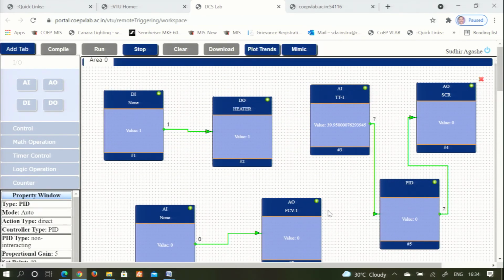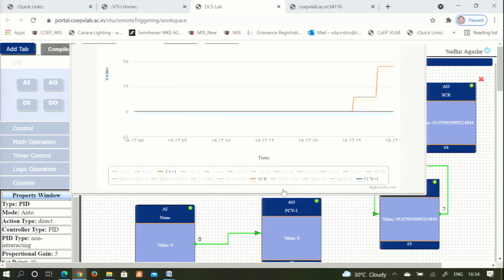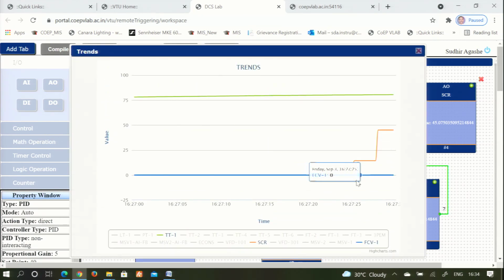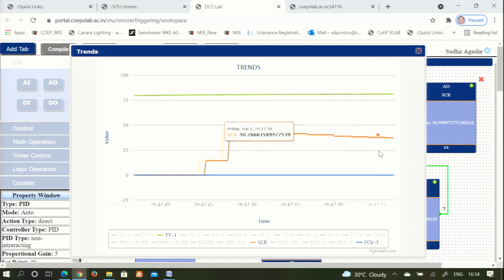Every time whenever I am playing it, this is the beauty of this system. Now just look at this, and I will prefer that you keep on observing the trend. PID controller has now started taking action, but it has not gone to 100%, and the reason is the temperature which you are expecting and the actual temperature is just matching.